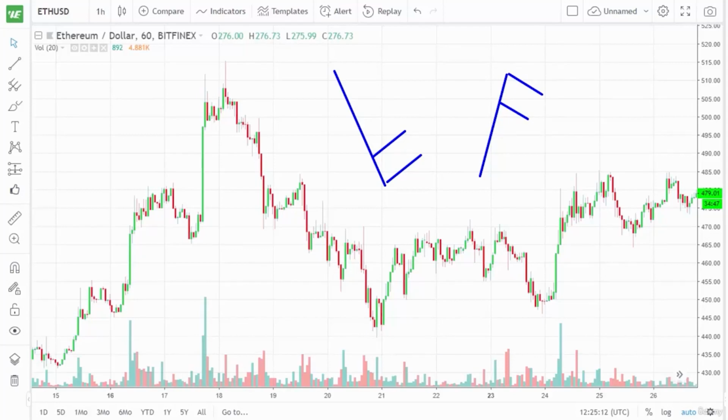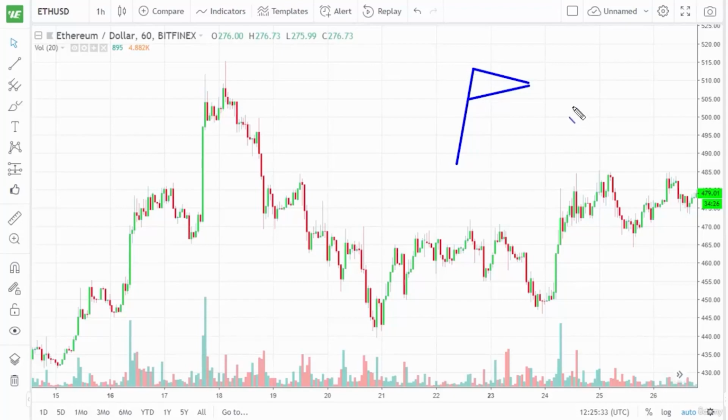A pennant's a little bit different in the sense that you do have the pole, but, number one, it doesn't have to be a pullback. It can just be sideways with a tightening consolidation. And you can see that it basically can be thought of as a triangle on a pole. And that's what makes it a pennant.